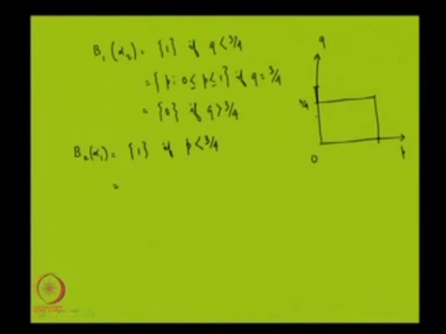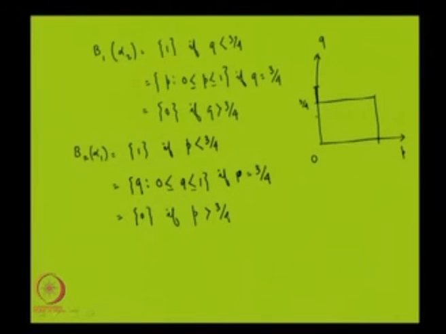If p is equal to 3/4, then q can take any value between 0 and 1, and q takes the value 0 if p is greater than 3/4.